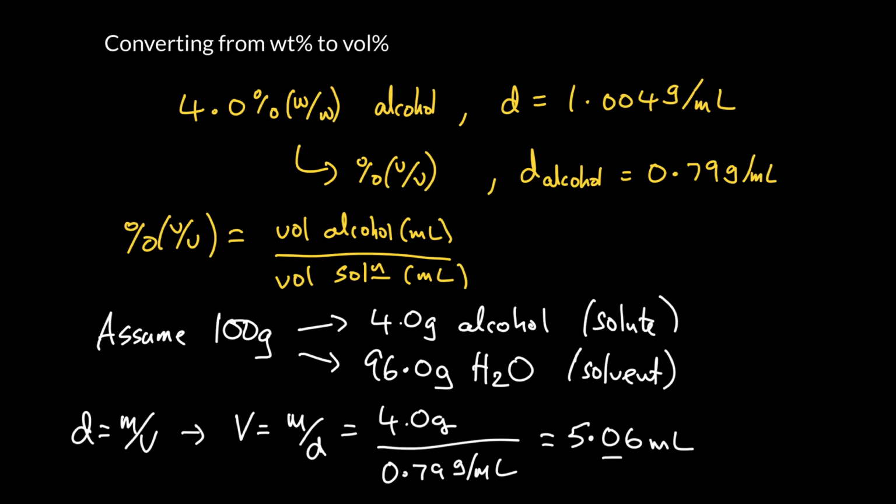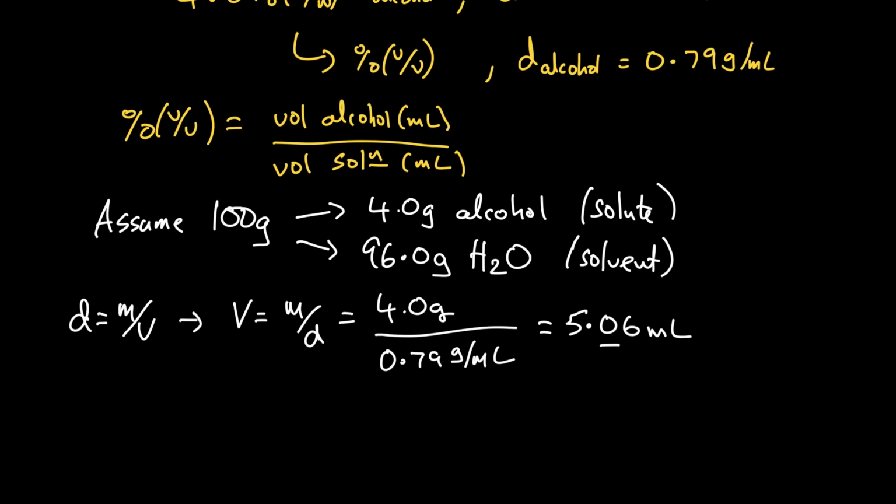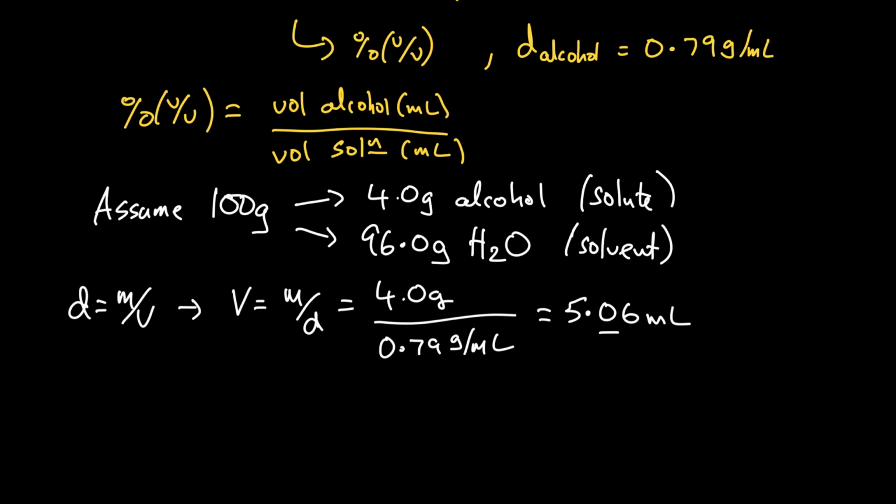I've underlined that 0 because I should probably round and remove that last digit, but I'm going to keep an extra digit just to guard against round-off error. I need to make myself a little extra room there, so poor planning on my part. Okay, that will work.